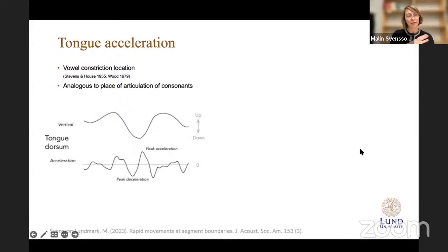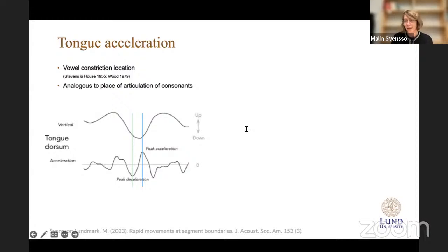So it's going down for a position during an open vowel, basically. As it gets closer to its position, it slows down, and then the tongue stays during the open vowel, and then it leaves the position, and there's an acceleration peak. So I measured this interval, and I compare that with the duration of a vowel segment.